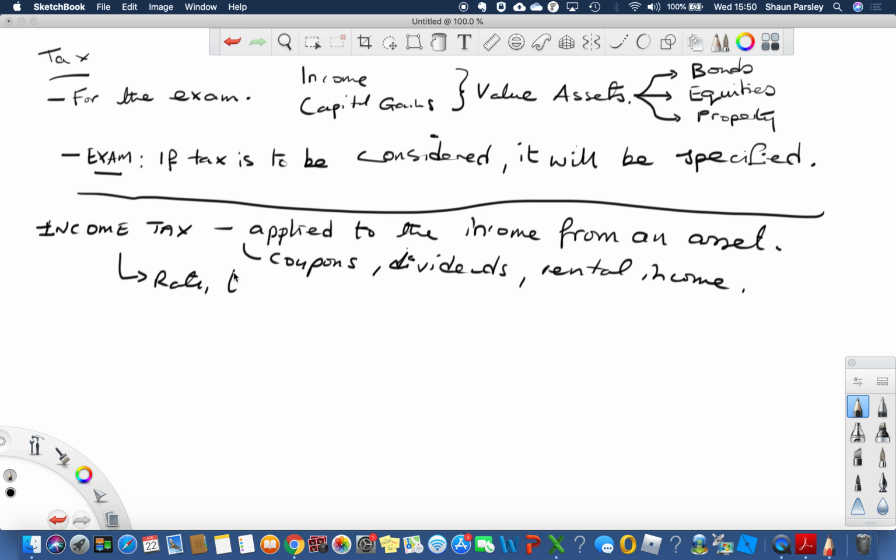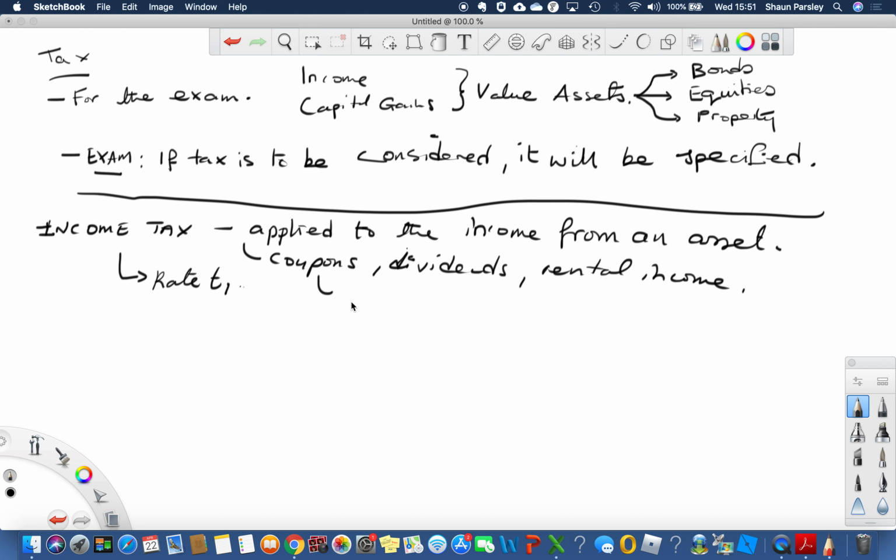So rate T. Are these buttons working again now? I'll turn them off. But rate T, applied at a rate T1, say.